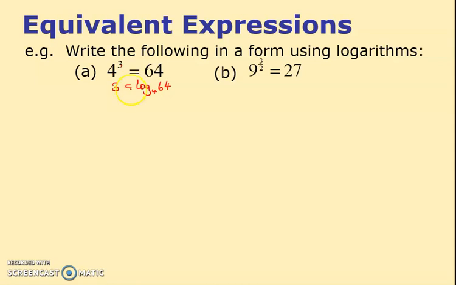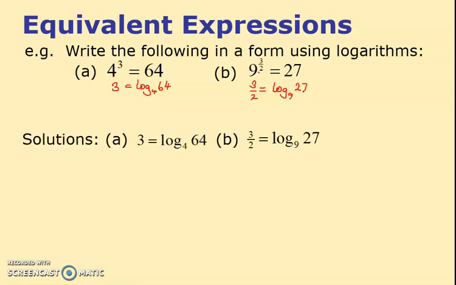Yep, it does. So what does this bit 1 do? I move this over to the other side, and when I move that 9 over to the other side, I'm left with 3 over 2. But because it's an exponential, it becomes log to the base 9 of 27. So again, type that in, log to the base 9 of 27 equals, and it says 3 over 2. So it works really well.